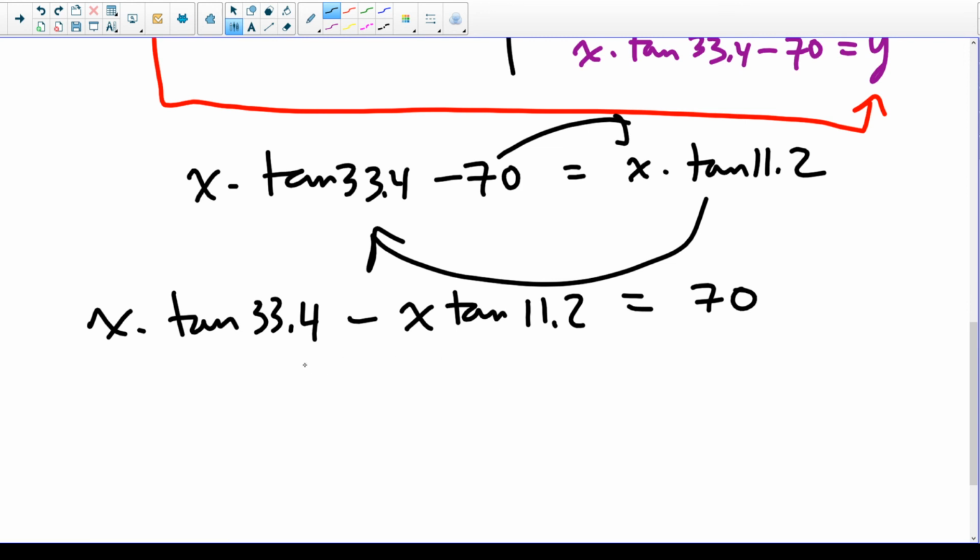Not yet. I don't want to simplify tan yet. There's another word I'm looking for. If I had x times a minus x times b, how could I get the x's out of those two terms?